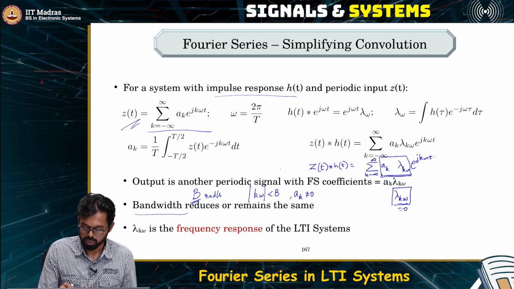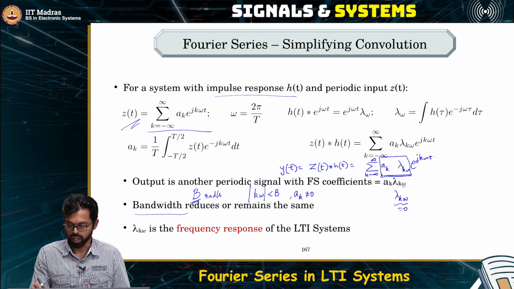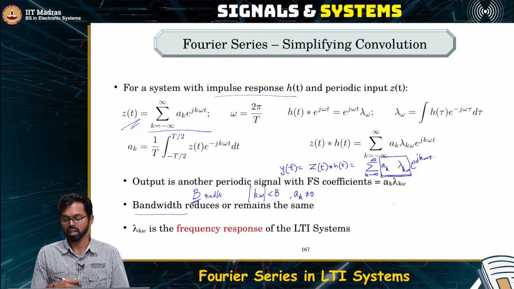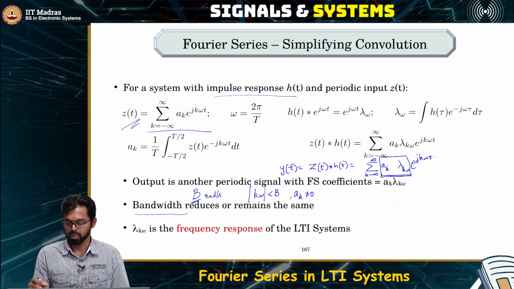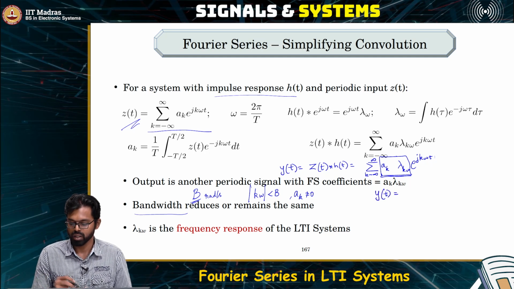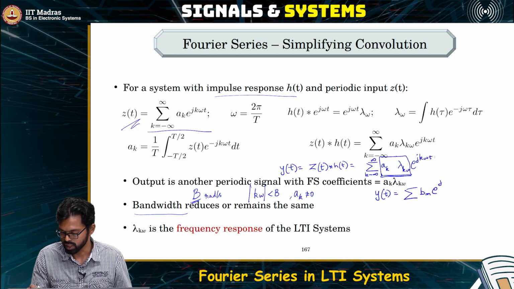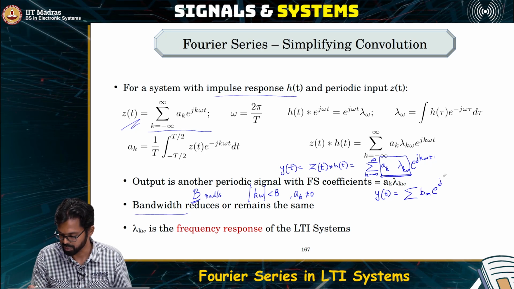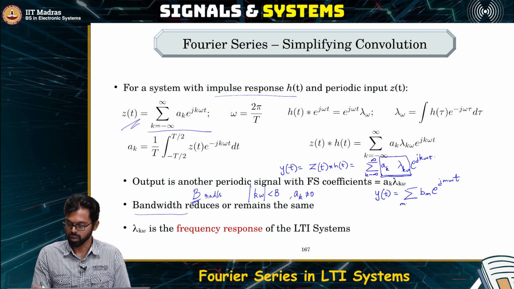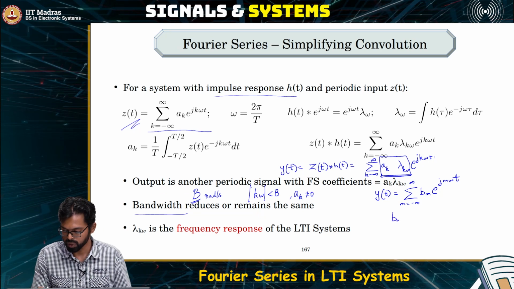So, let us say the output is some y(t), then y(t) is also periodic. Remember there is another property that we saw earlier: if the input is periodic, at the convolution's output you will always get a periodic signal. So, y(t) is also periodic, which means you can decompose y(t) also in terms of the Fourier series. Let us say our coefficients are B_m here, and now what is the Fourier series coefficient of the output?